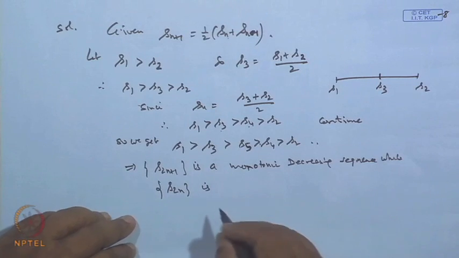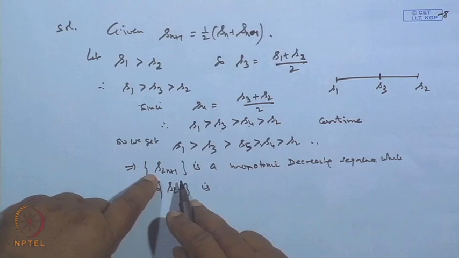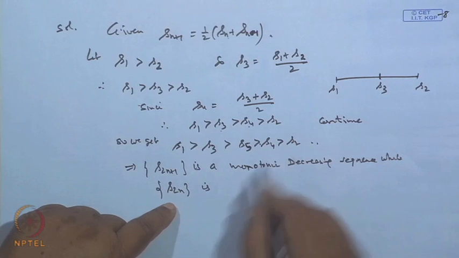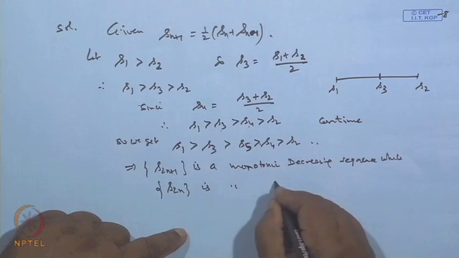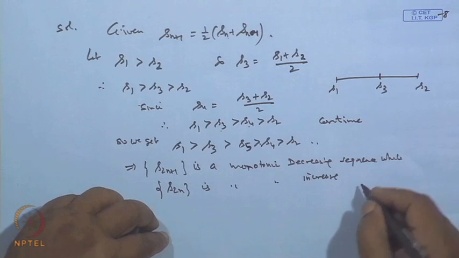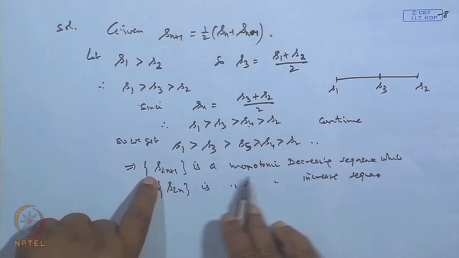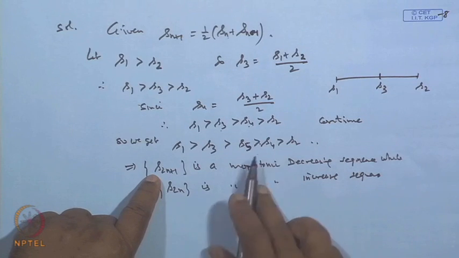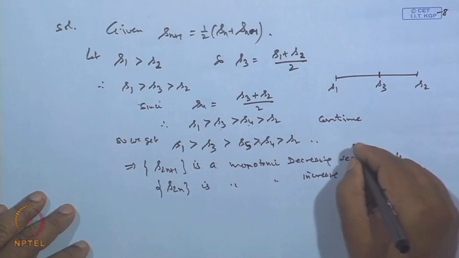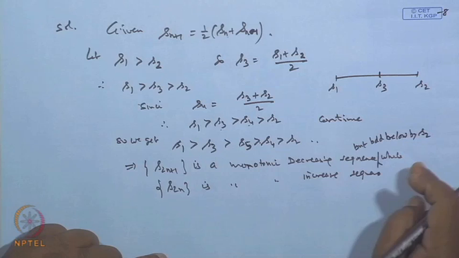Now, the decreasing sequence is bounded below by S2, because S1 and S2 are fixed, so it is convergent.